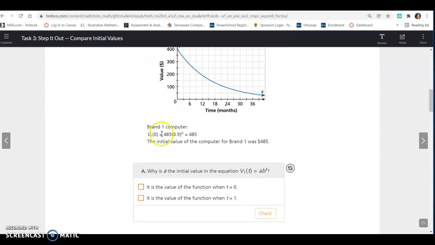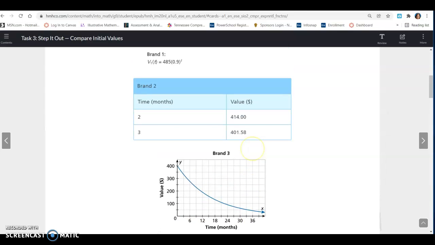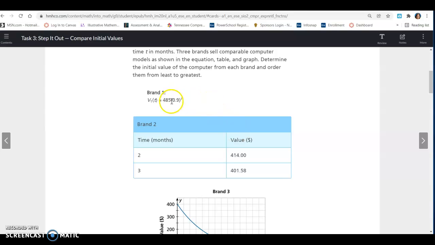For brand 1, let 0 substitute in for t, so v of 0 equals 485 times 0.9 to the 0 power. Again, anything to the 0 power is 1. 1 times 485 is 485. So for brand 1, the initial value of the computer is 485. That's the easiest to see because that's your a value.